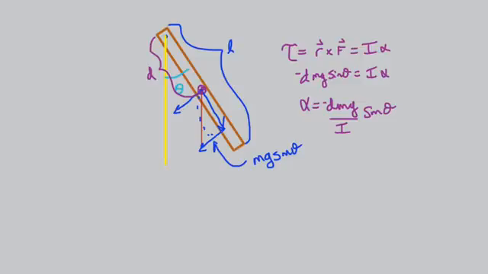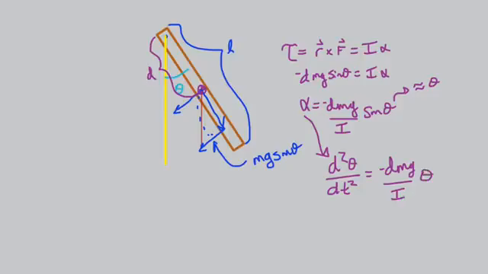Okay, we can still make the same approximation that sine theta is approximately equal to theta. So we can rewrite this as, where alpha will become d squared theta over dt squared, equals negative dmg over I times theta.